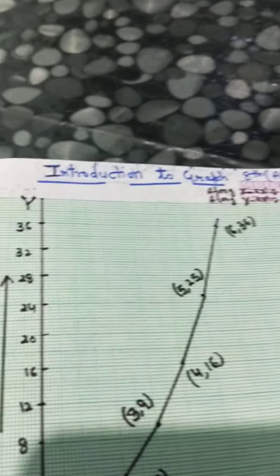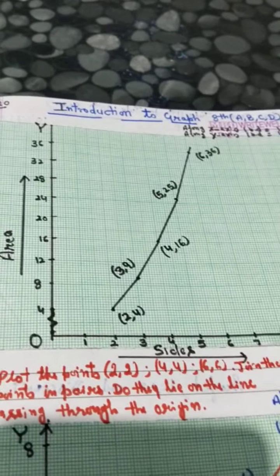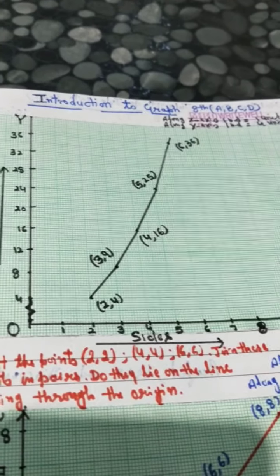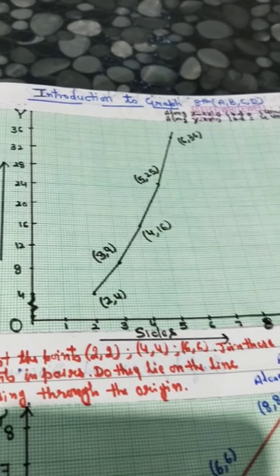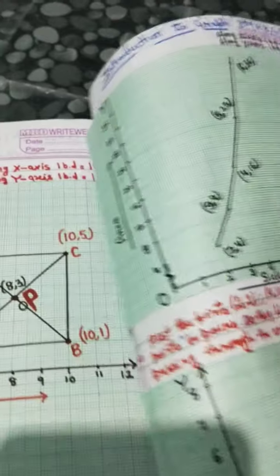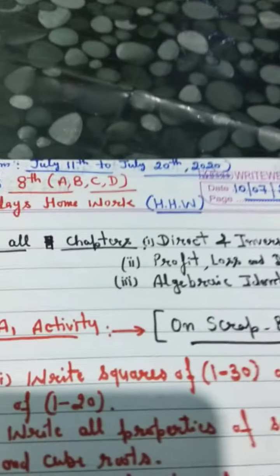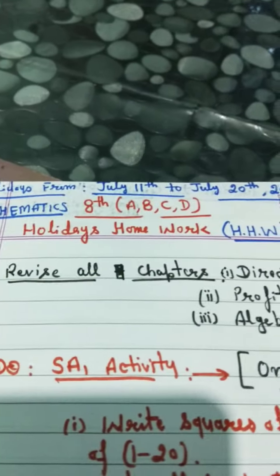Now all class 8 ABCD homework will be the same. It is given by me, but you have to check only the activities, and the other 3 chapters you have to revise yourself. This is your homework for the holidays.